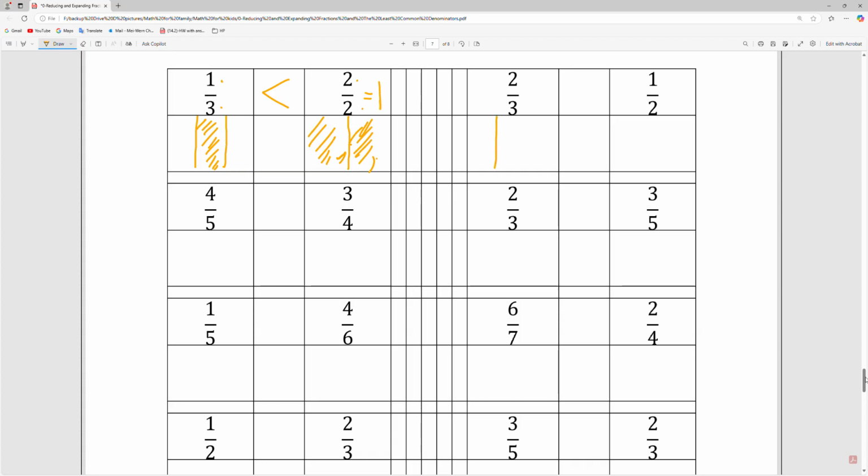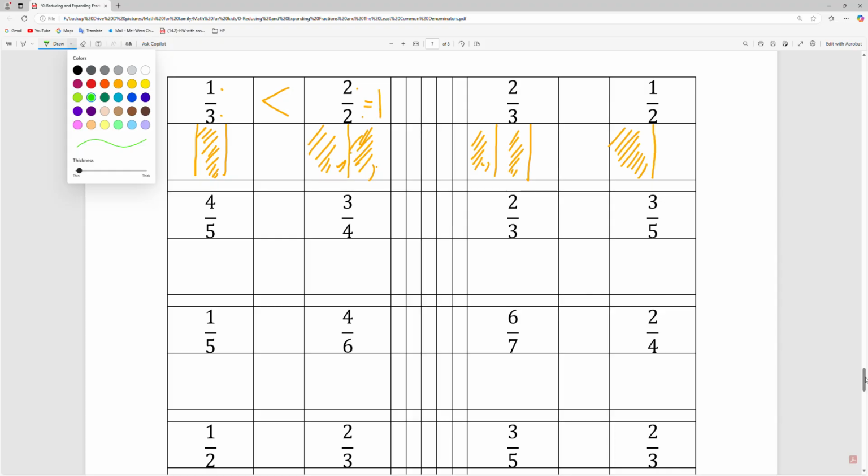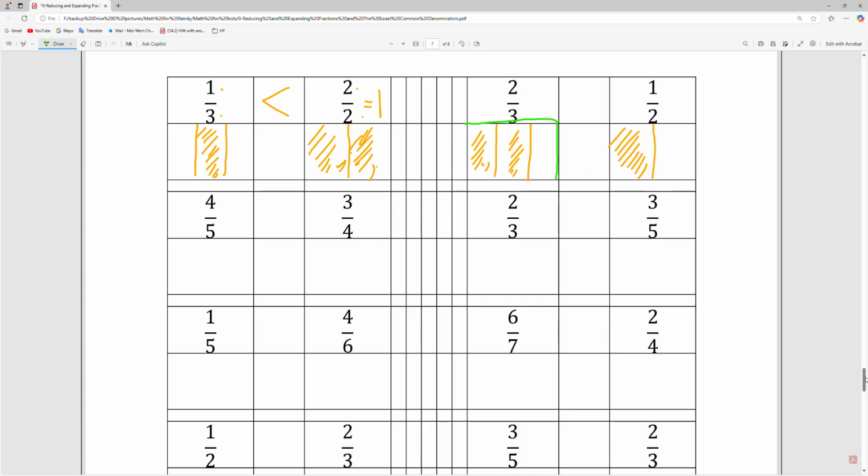Okay, here, 2/3, you want the 1 and the 2. Okay? And the 1/2 here. Now, if you want to compare these two, kind of hard. So I will say, how about from 2/3, we try to find 1/2.